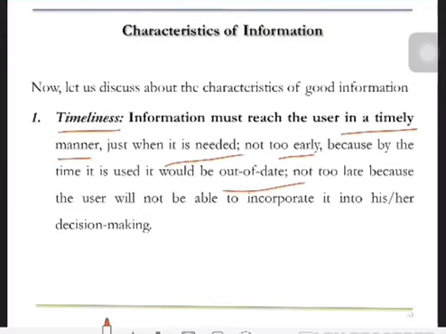Not too early because by the time it's used it would be out of date. Not too late because the user will not be able to incorporate it into his decision making. early ካገኘ ነው ቆይቶ out of date ሊሆን ይችላል። ሌትሊ ካገኘ ነው ለዲሲሽን ሜኪንግ ፐርፐዝ ላንጠቀምበት ይችላል። ሶ ኦን ታይም ካገኘ ነው we call it information is timely.